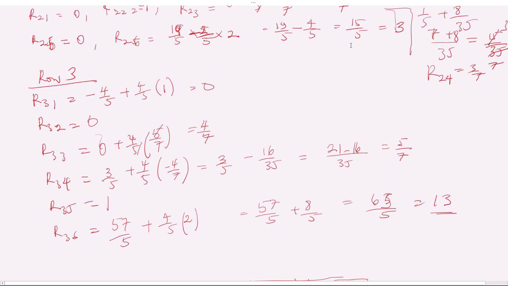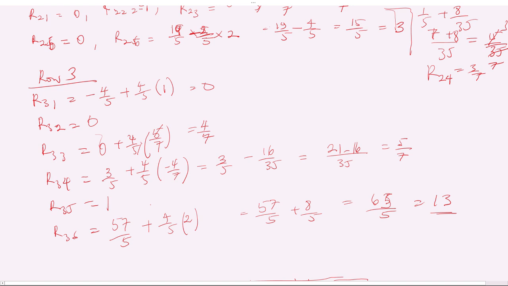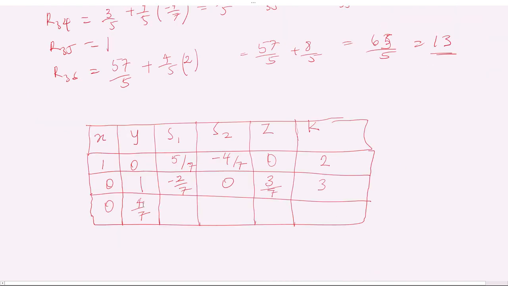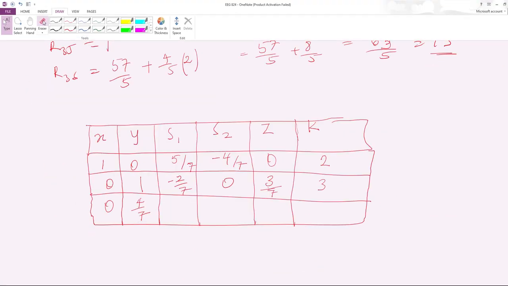Sorry, that took me a while. So 3 is 0, 4 over 7, 5 over 7. No, it shouldn't be that. So 0, 0. Sorry, let me clear it.